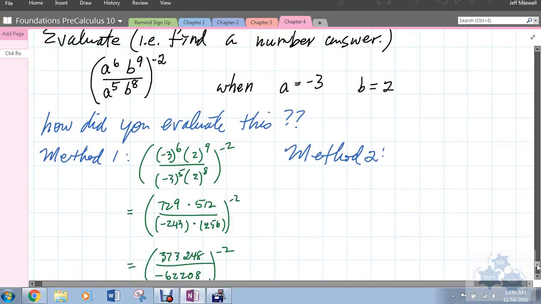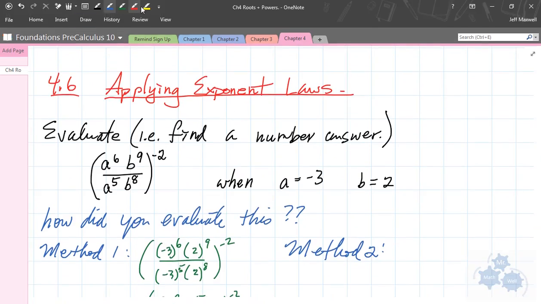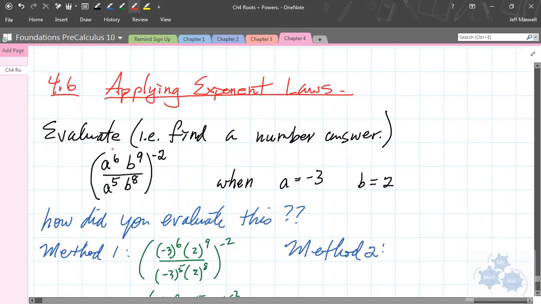If we look at method 2, what I want you to notice is that inside the brackets, and we'll focus inside the brackets first, you have a division of like base variables. And you know from your exponent laws from last year that when you have the same base and you divide, you can just subtract the exponents.